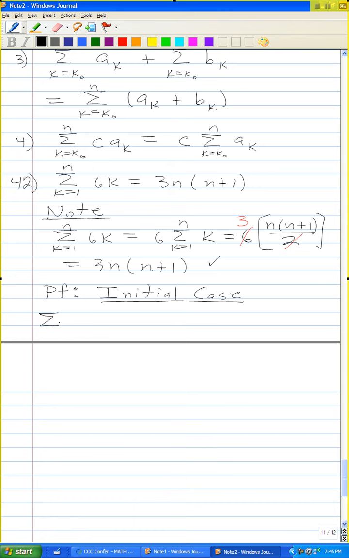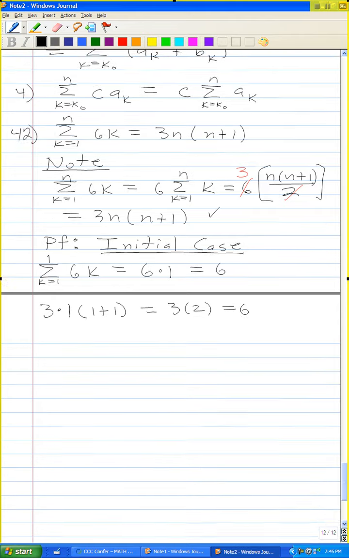Is the sum, k equaling 1 to 1 of 6k... Well, let's see. This is just equal to 6 times 1, and I just added up one time, so that's 6. Let's replace the right-hand side by 1. 3 times 1, 1 plus 1 equals 3 times 2, which is 6.